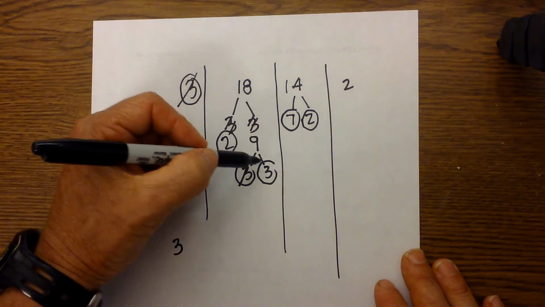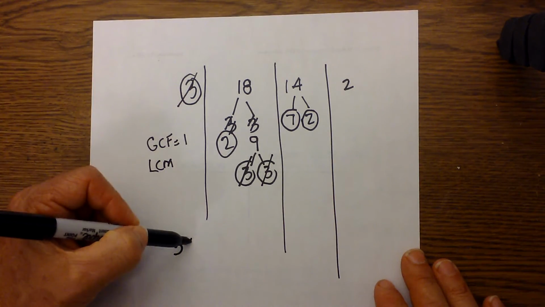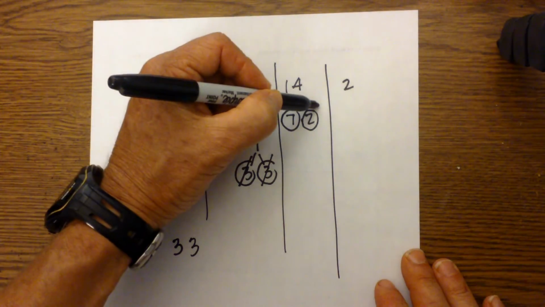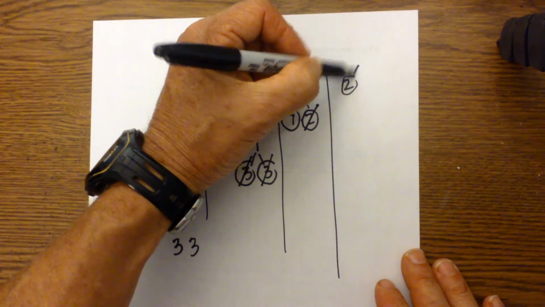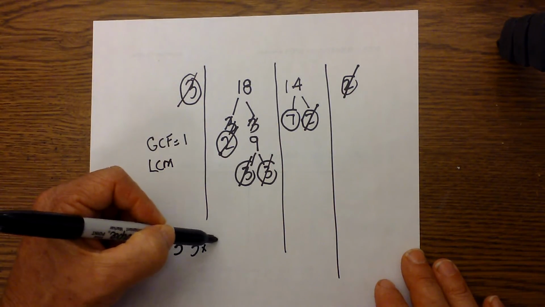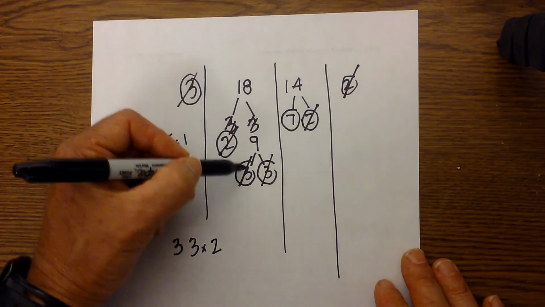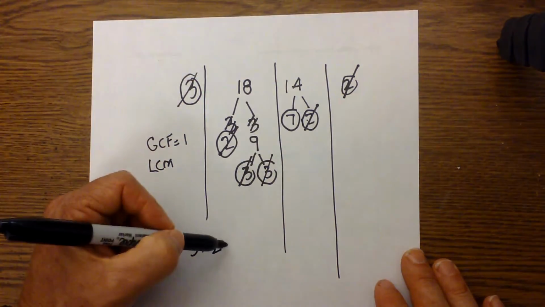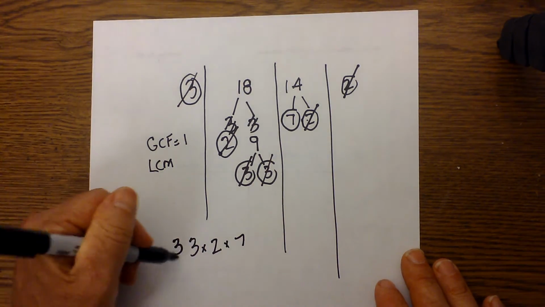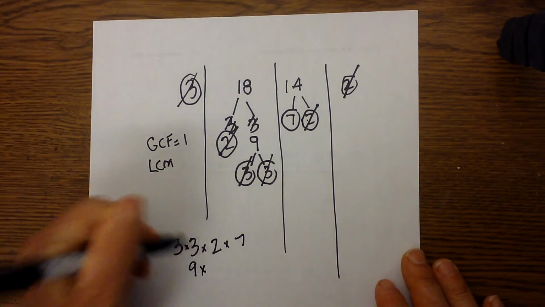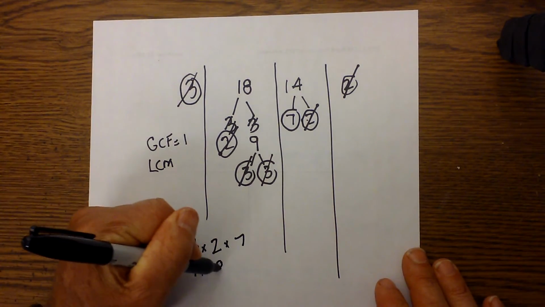And then we have another 3, then a 2, but it is duplicated here and here. Oops, I didn't circle that. And here, so I'm going to write down the 2. And it looks like the only prime number we have left is 7. So now 3 times 3 is 9. 9 times 2 is 18.